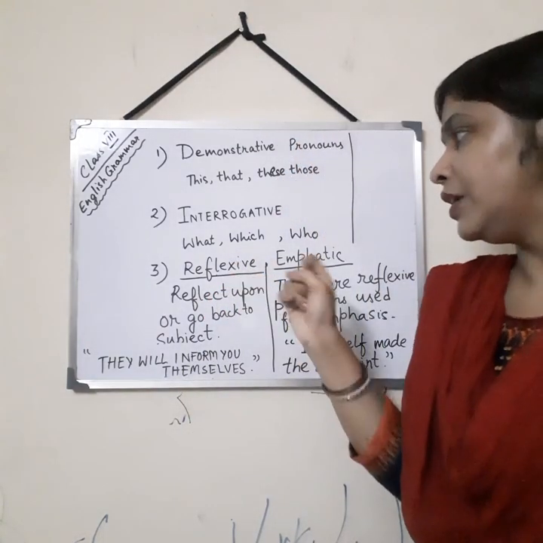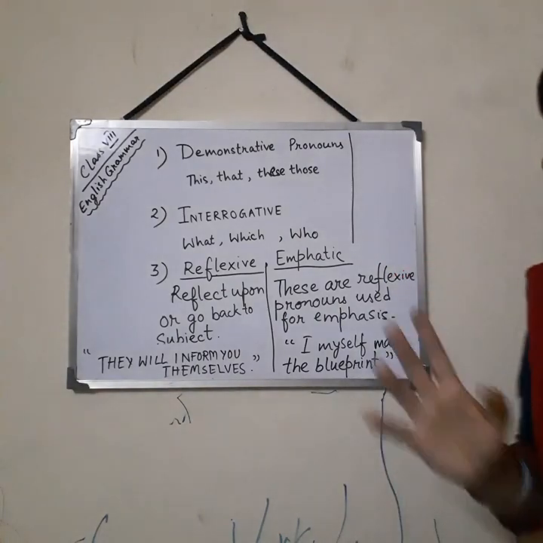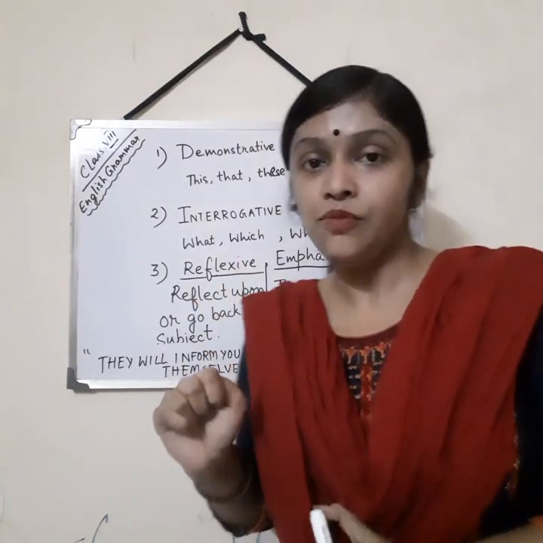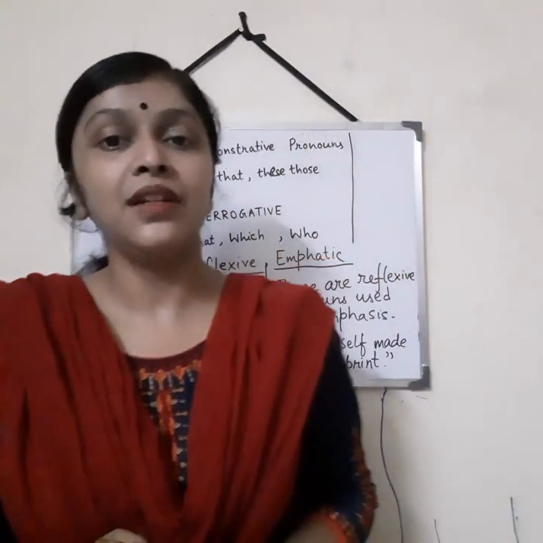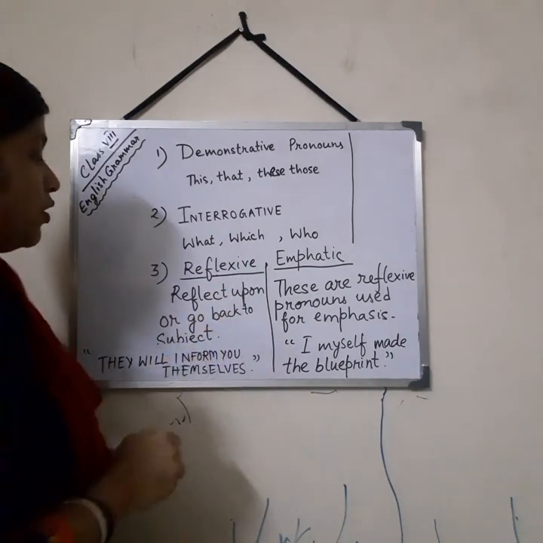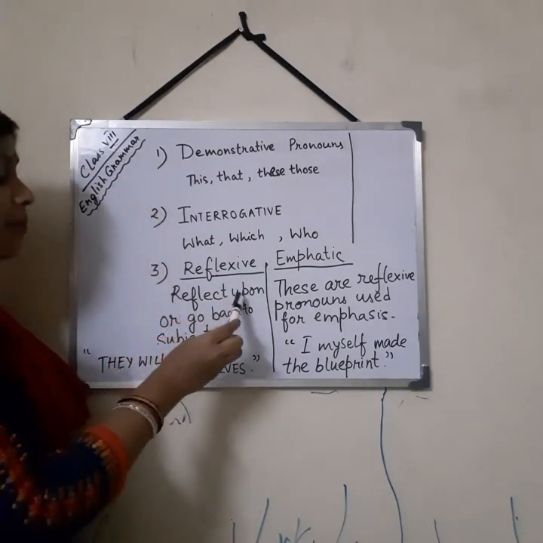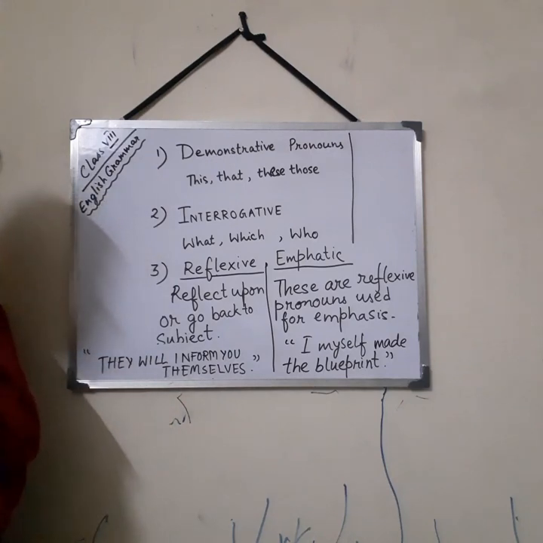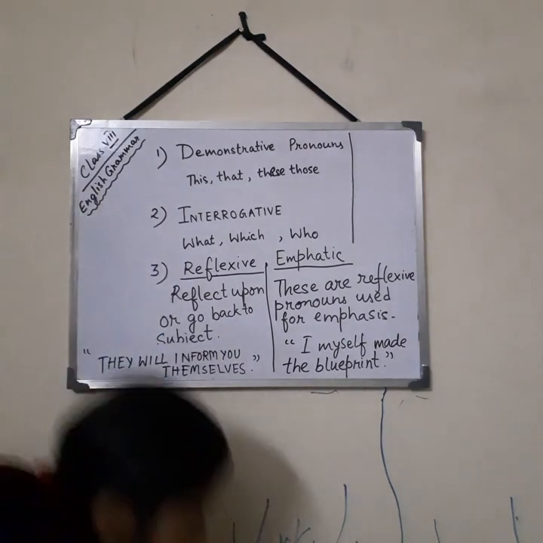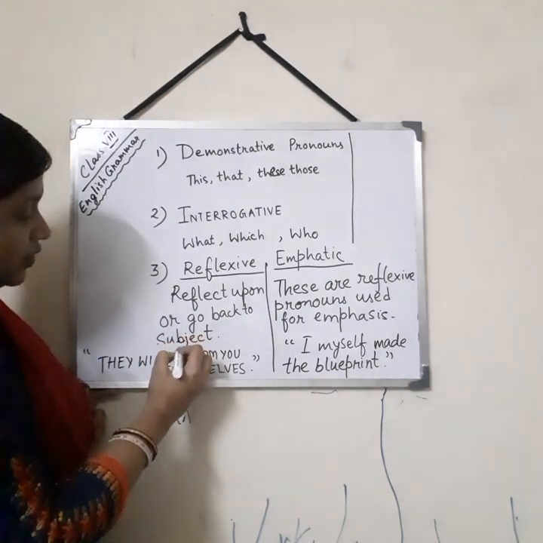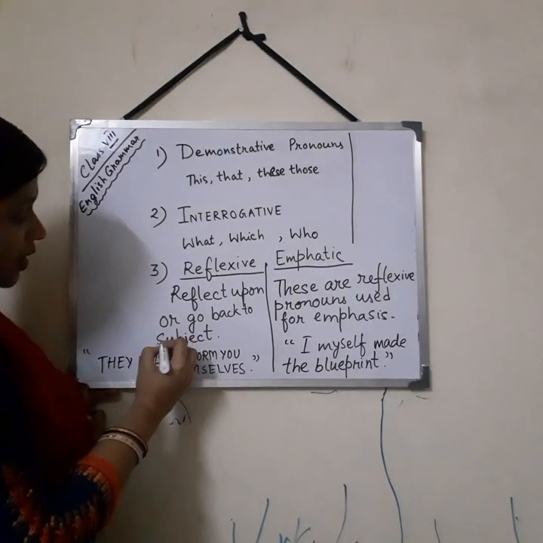Next, come to these two types, reflexive and emphatic. I think reflexive pronouns and emphatic pronouns you've already done in class 7, but let us just recapitulate it. Reflexive pronouns are used to reflect upon or go back to the subject of the sentence. Okay, whatever the subject of the sentence is, the reflexive pronoun will go back to it. It will shift back to the subject.